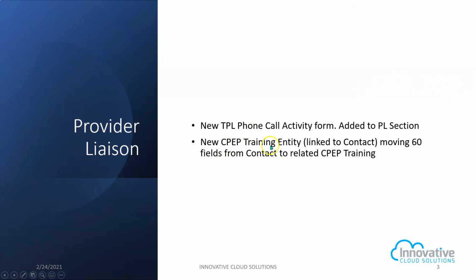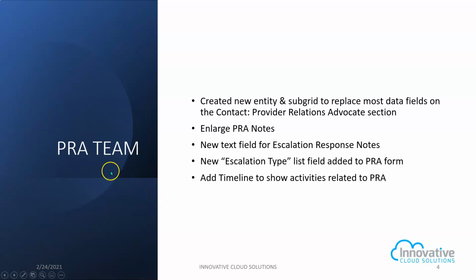And we did that. One of the areas we did that in is in the CPEP training. So now you're going to find there's a form just for CPEP training, and that form allowed us to remove some 60 fields from the contact record and added them to the CPEP training, and then link that CPEP training form back to the provider. You'll see how that works in a minute.